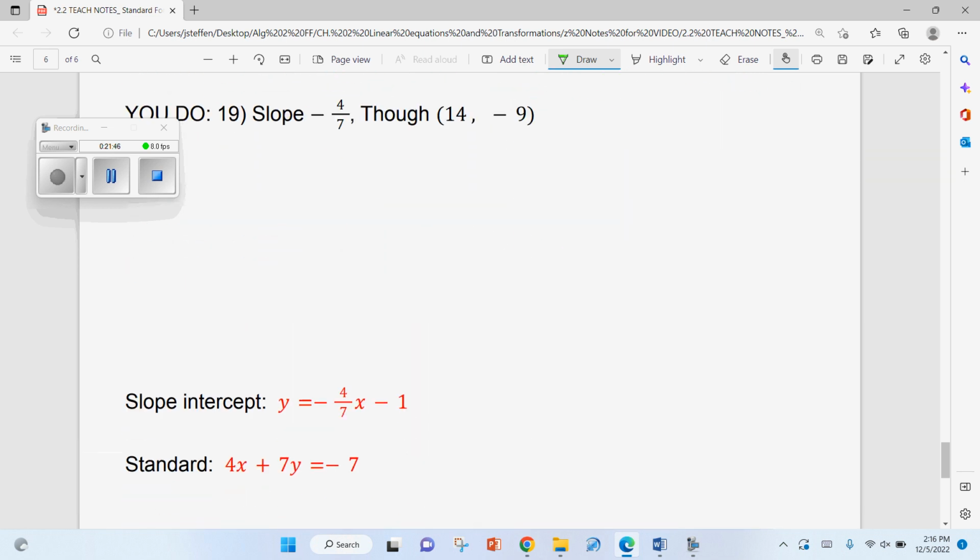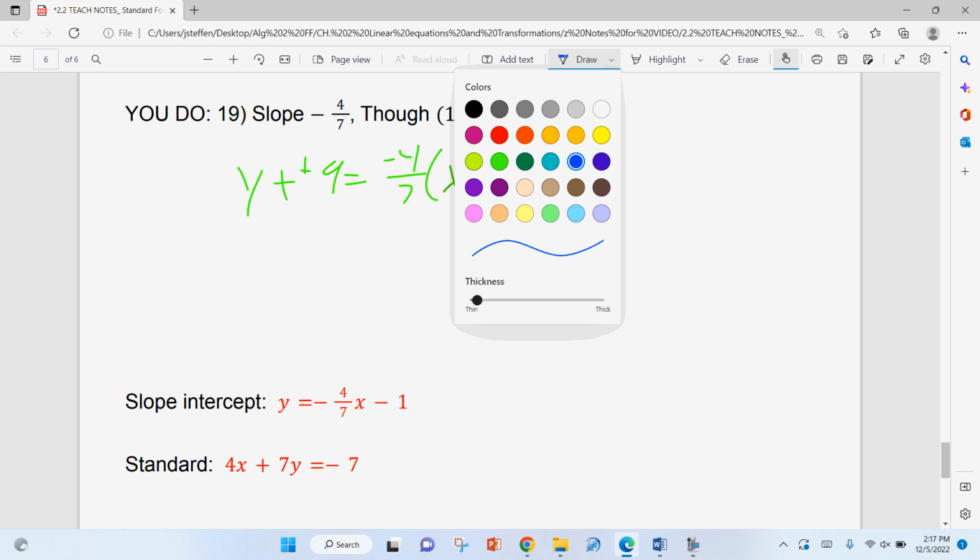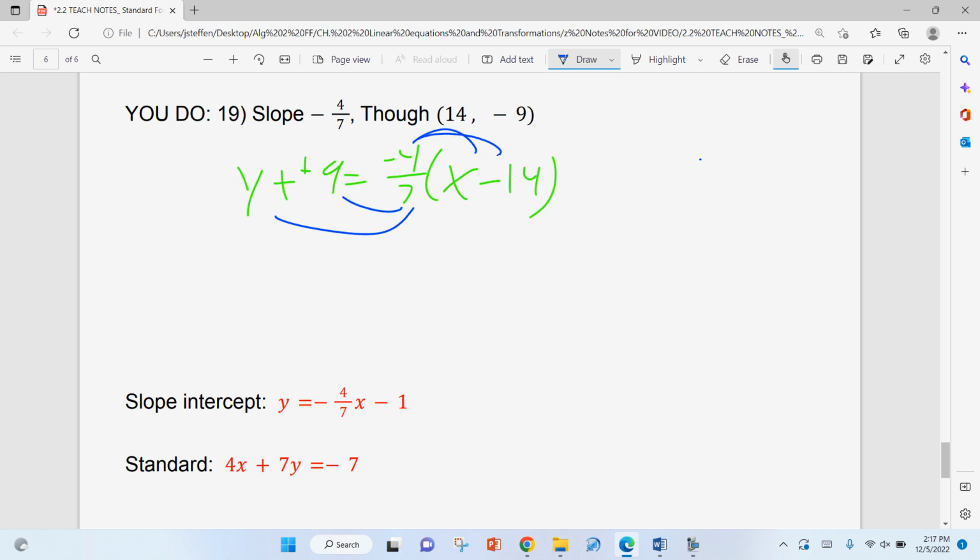And the last one, go ahead and do this one on your own. So we're going to, again, I would start by putting in point slope. So y minus y1 is equal to the slope times x minus x1. So it's plus. Then you distribute your 7 to the left, your numerator to the right. So we have 7y plus 63 is equal to negative 4x plus 56.